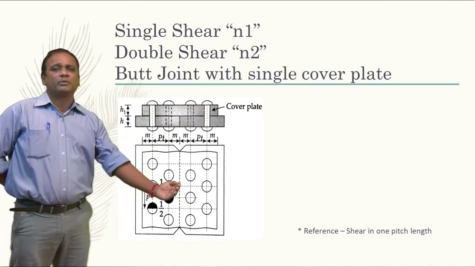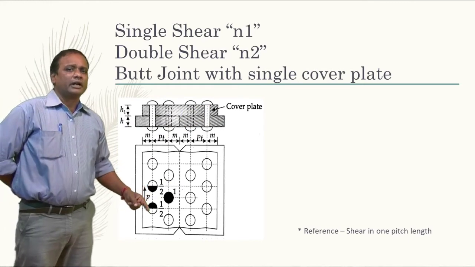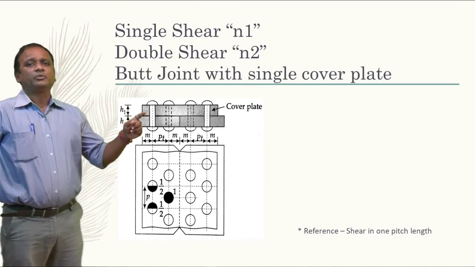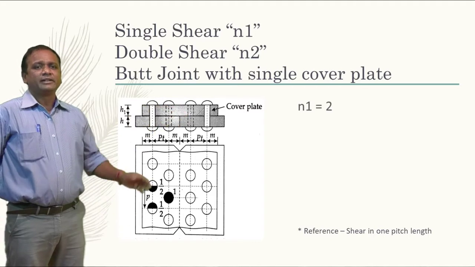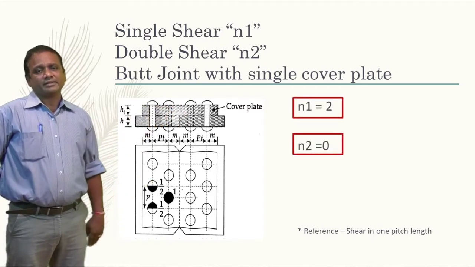I will consider this part of the plate, where you can see half of a rivet over here and half of a rivet over here, making one rivet. Looking at this from the front view, do I see any double shear here? The shear should be single shear. Therefore N1 is equal to 2, and N2 should be 0.